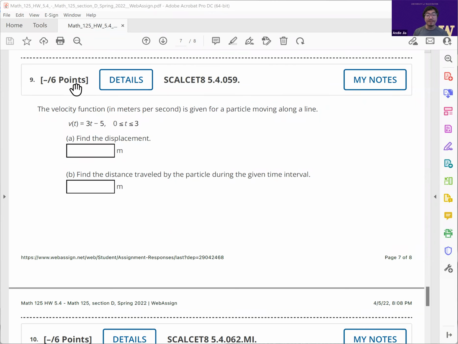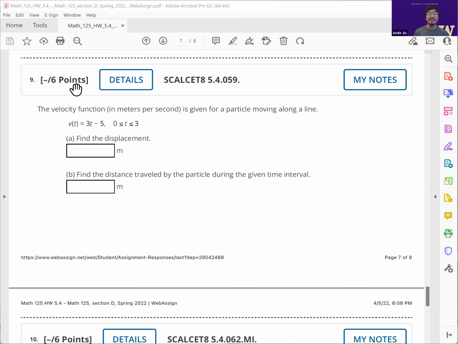When we talk about total distance traveled, we have the velocity function. We need to find where the velocity function is equal to 0, and then we add an absolute value sign on those negative parts of the velocity function to make them positive.